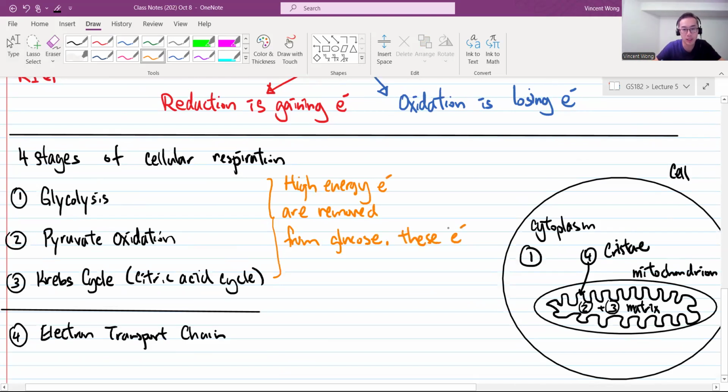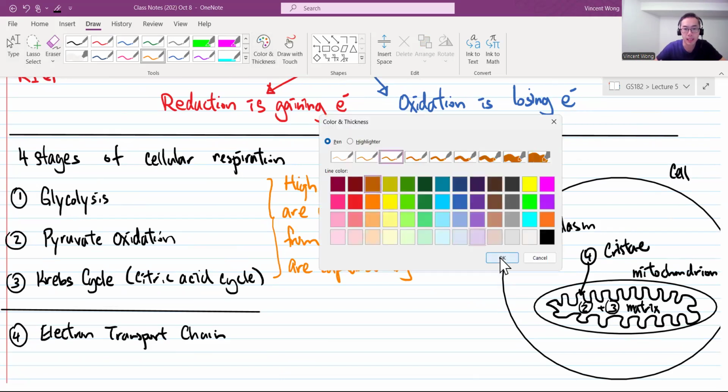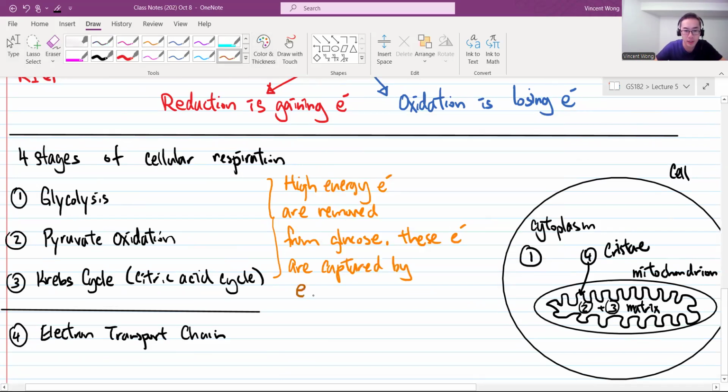These high energy electrons are captured by energy carriers, energy or electron carriers. You might hear people say both, okay?